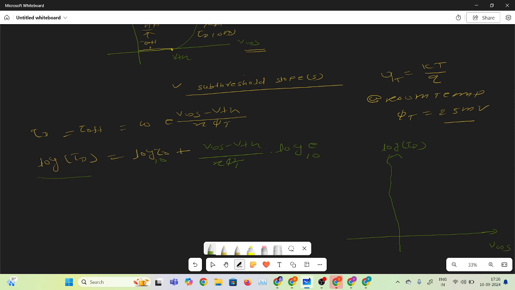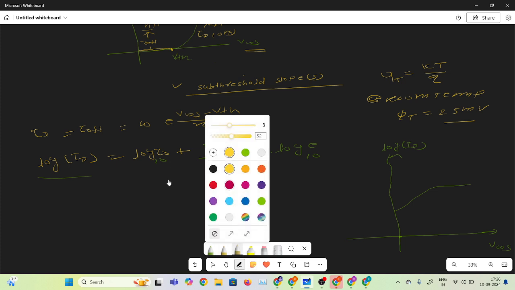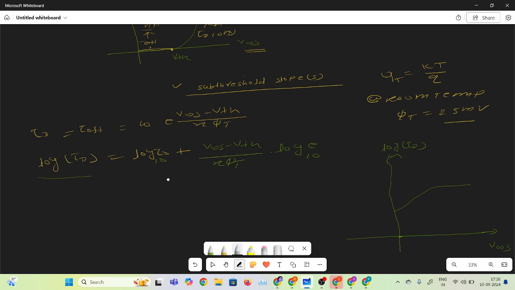You know already that when VGS is zero there should be no current, but no, the off current of the MOSFET will exist, and the curve will go like that. So this is the off current of the MOSFET when VGS is zero.